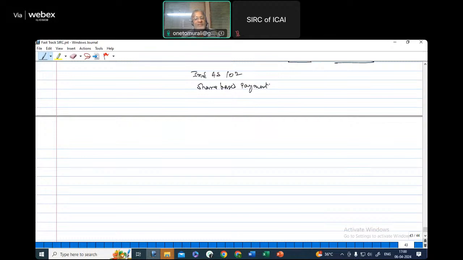So please understand that share-based payment is very unique. Generally it is associated with ESOP, employee stock option plan, employee stock purchase plan, and SAR stands for stock appreciation rights.